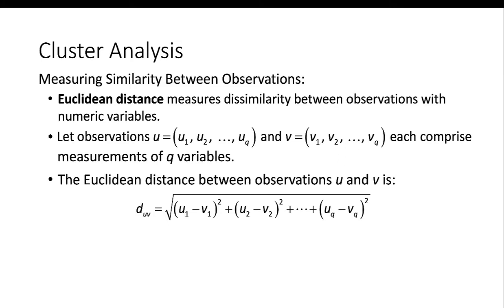When observations include numerical variables, we usually use Euclidean distance to measure dissimilarity between observations. Let observations U and V each comprise the measurements of Q variables. Then the Euclidean distance between observations U and V is the square root of the sum of the squares of the differences between U and V for each variable.